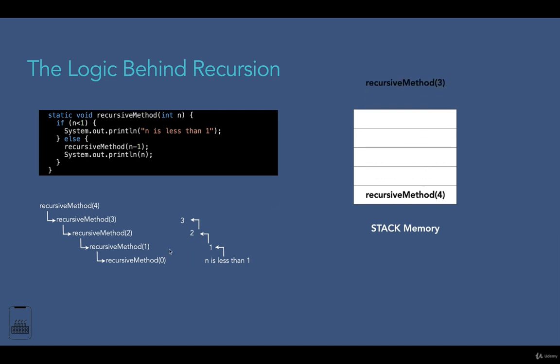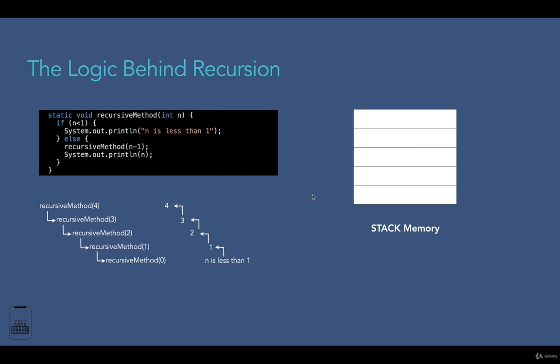It prints out 3 and this method is removed from the memory. Then it continues to 4, prints out 4, and this method is removed from the stack memory. Now, as you can see, all methods are popped out of the stack, so the recursion stops here. There is no method left to call again. This is how the recursive method is managed in stack memory internally.